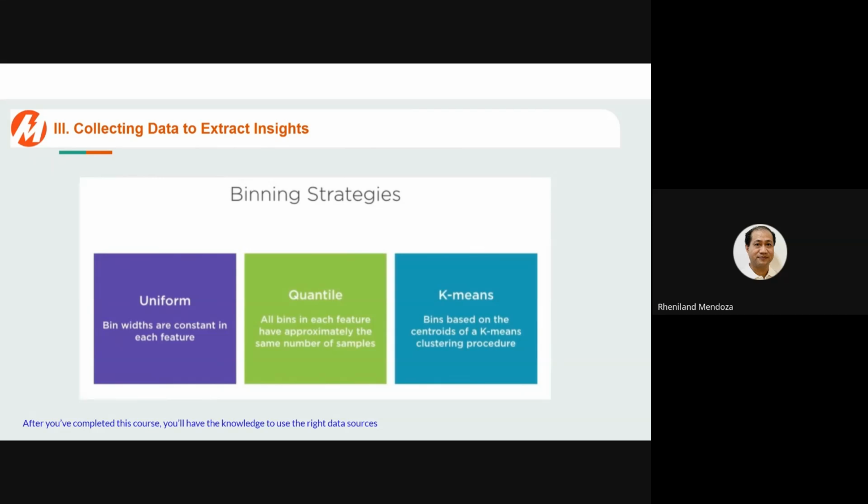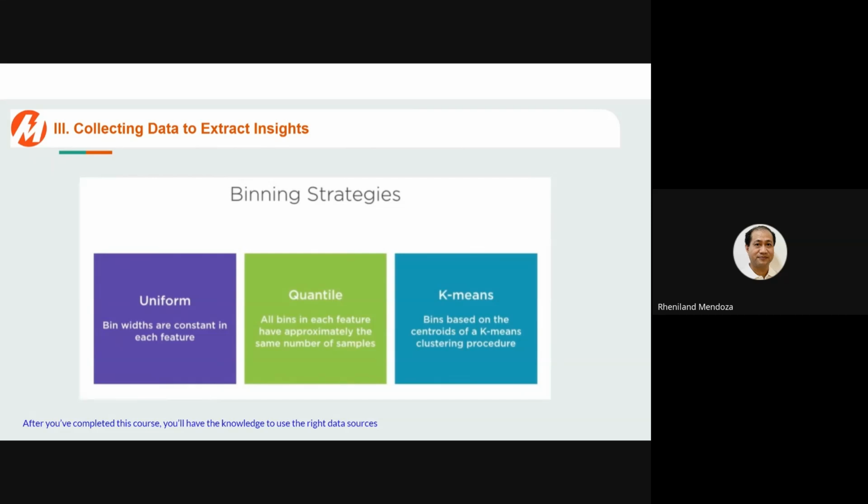Say the numeric values of your feature range from 1 to 100, for example, and you've chosen a bin width of 10. So you can convert your continuous data to 10 discrete values corresponding to your bins, meaning the first bin would have a value of 1 to 10, the second bin 11 to 20, the third bin 21 to 30, so on and so forth.